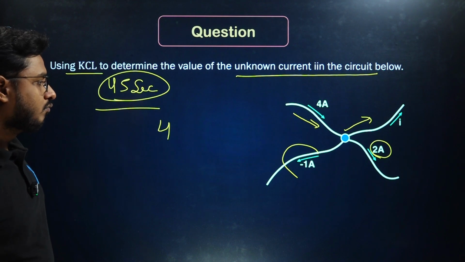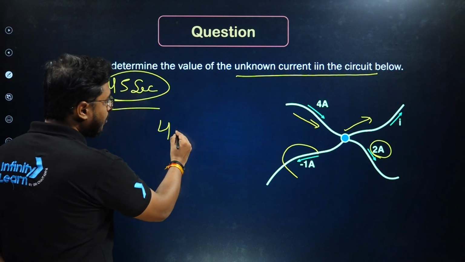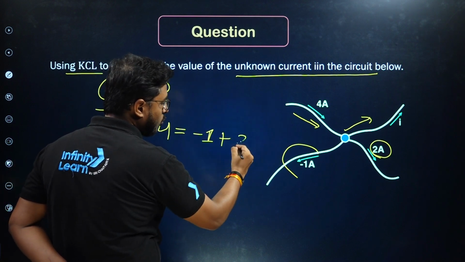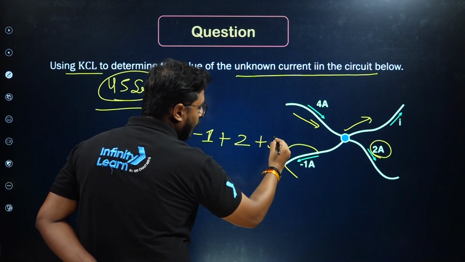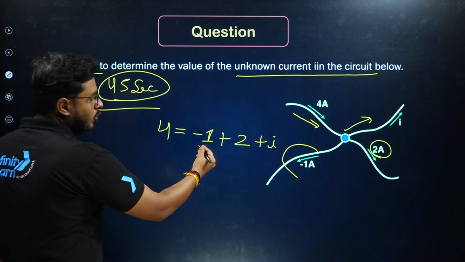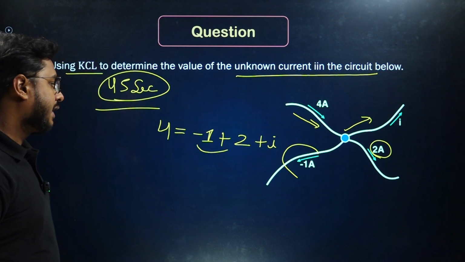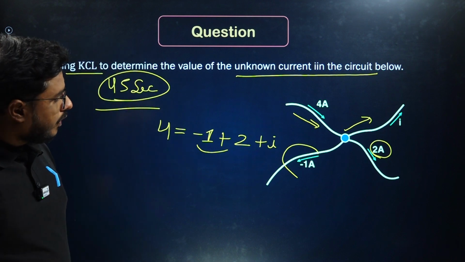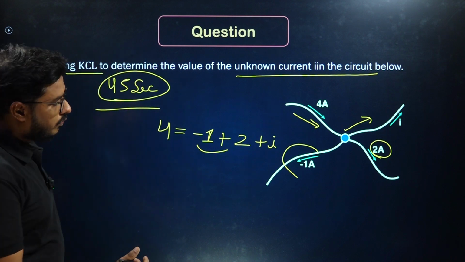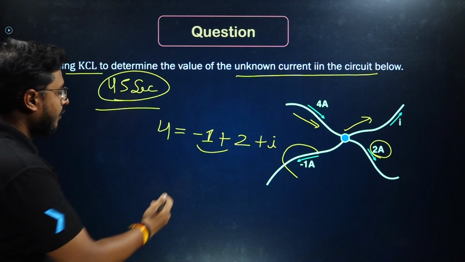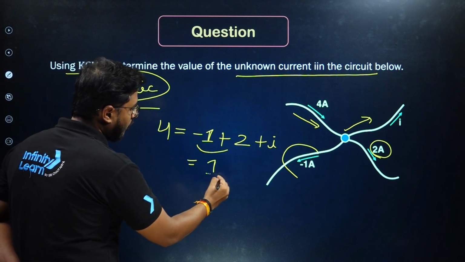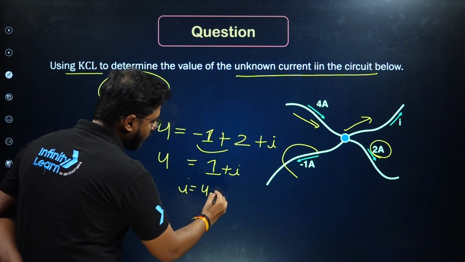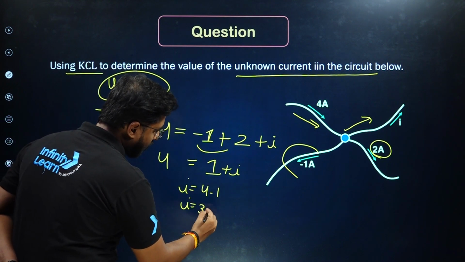So 4 ampere must be equal to the currents leaving: minus 1, 2 and I. Let me check it once again. Minus 1 plus 2 gives 1 ampere. So 1 plus I must be equal to 4, so the value of I will be 4 minus 1, which is 3 ampere.